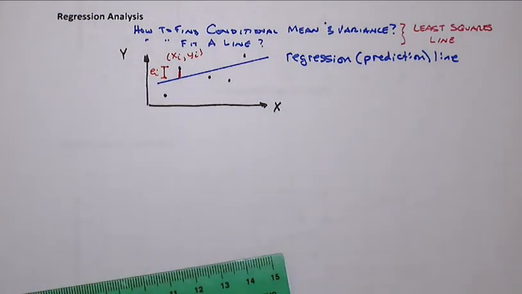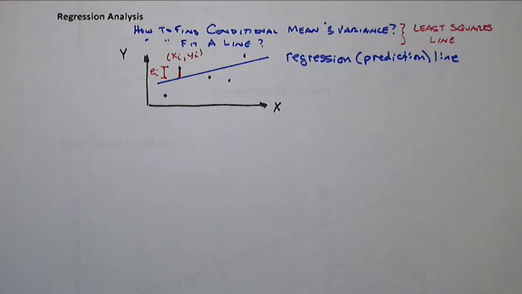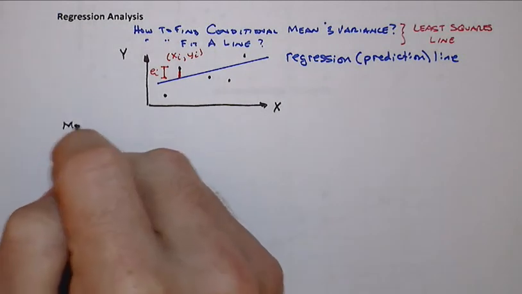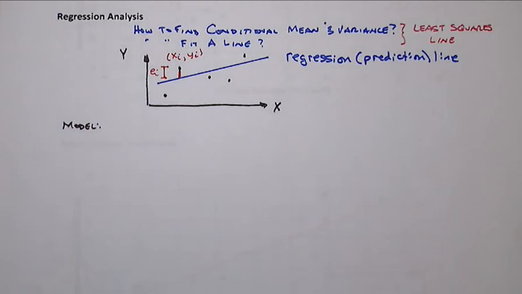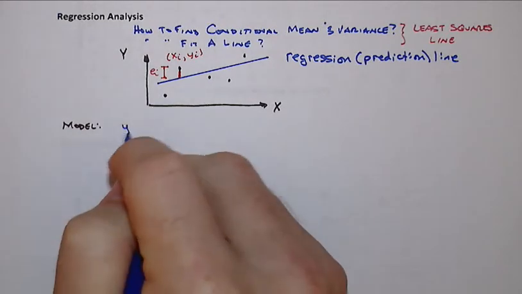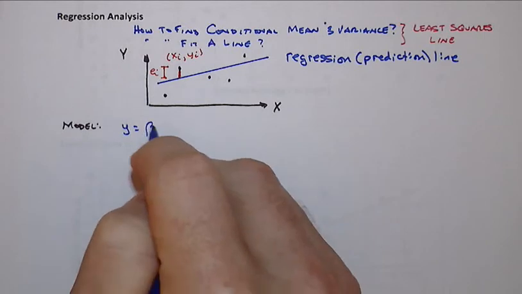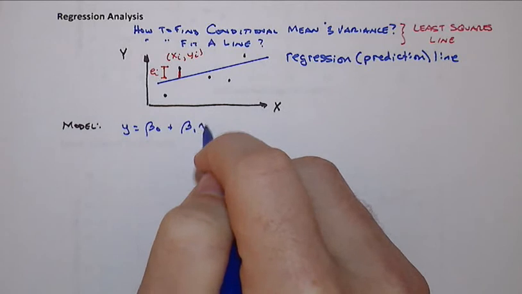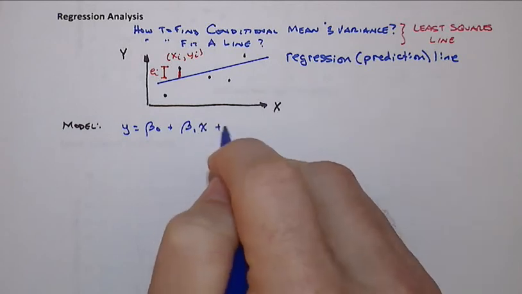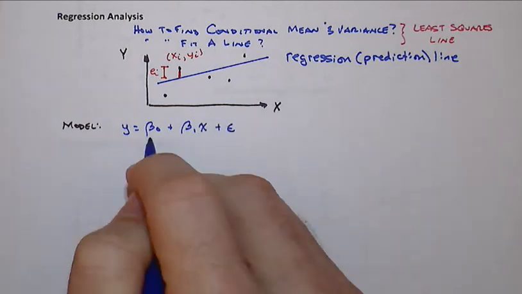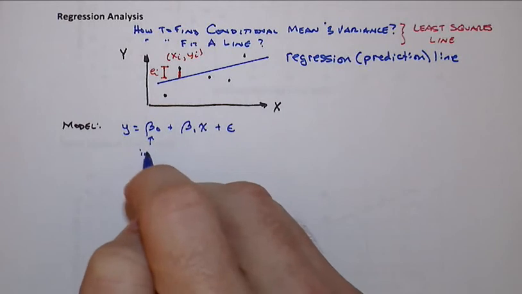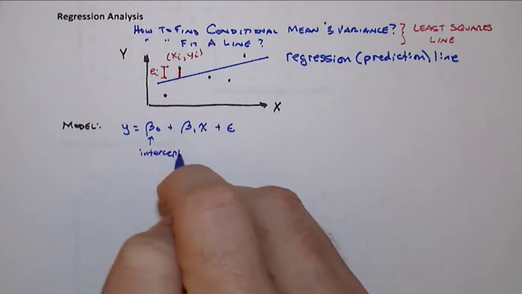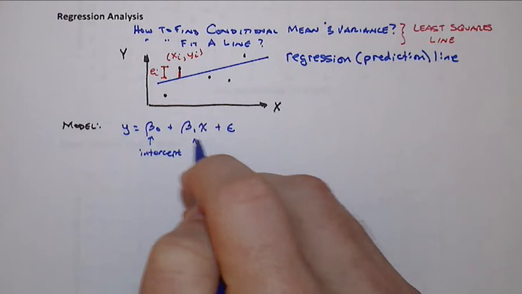Okay, so our basic model that we're going to employ is that y is equal to beta naught plus beta 1 times x plus some error. There's our intercept, and there of course is our slope.